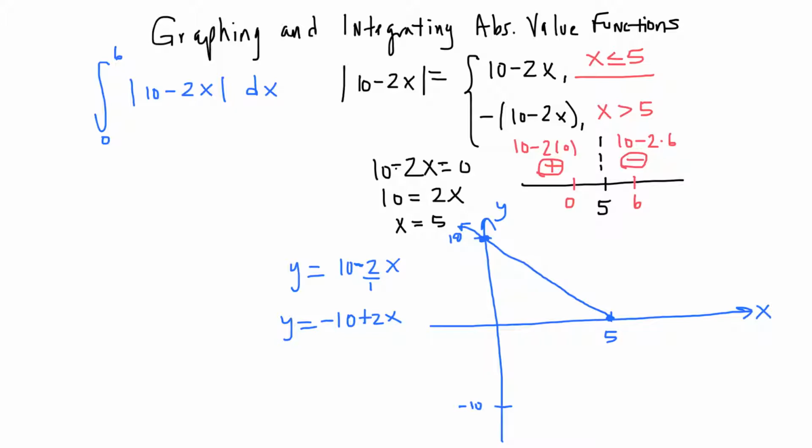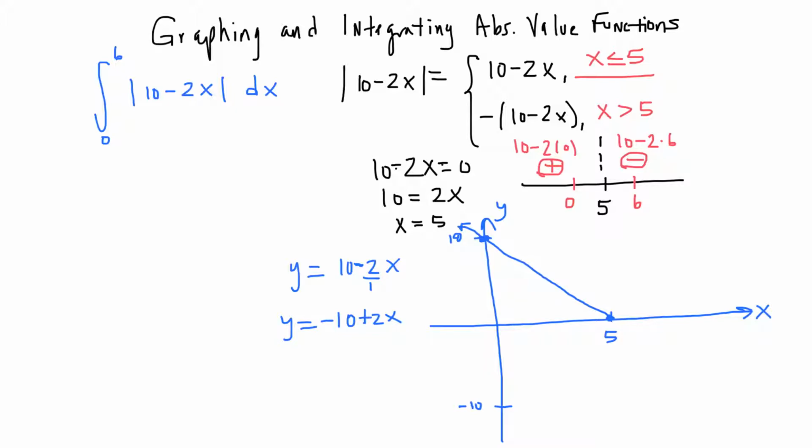And you can do some simple math and figure out that if you're going to be rising 2 each time, it's going to take you 5 times going up in increments of 2 to reach 0. So my line should start here and go that way.